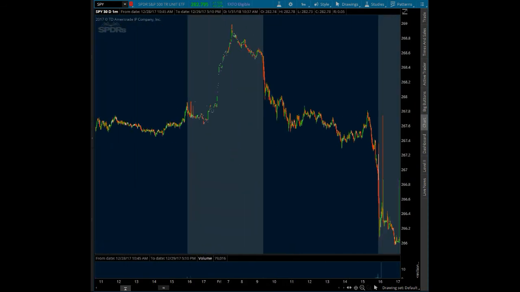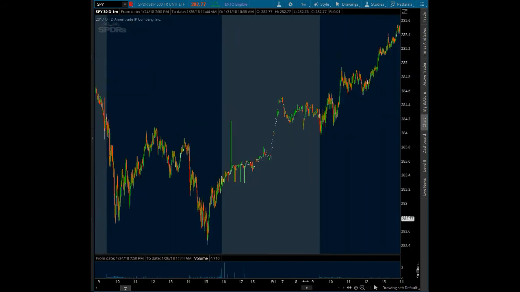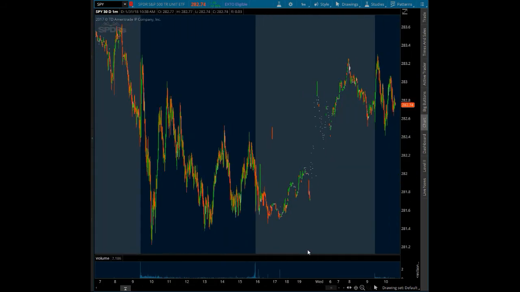Doesn't mean the market's not going to trend, but when the VIX is low, you don't have to wait for big pullbacks to get in, because the volatility is low. When the VIX is high, you have to pick your spots very carefully because you're going to get whipsawed.